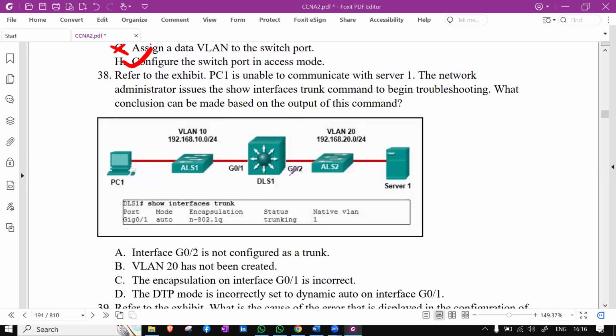Right, 38 refers to the exhibit. PC1 is unable to communicate with server 1. So communication here is between this and this. The network administrator issues a show interface trunk to begin the troubleshooting. What conclusion can be made?